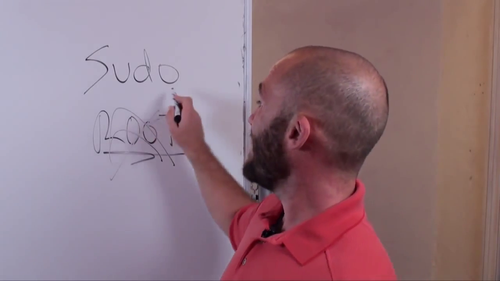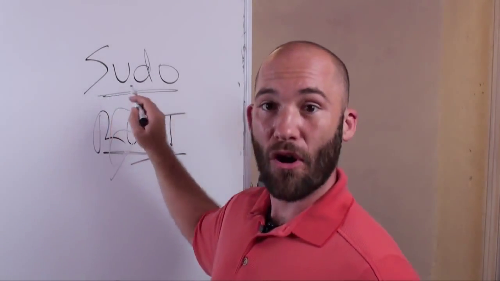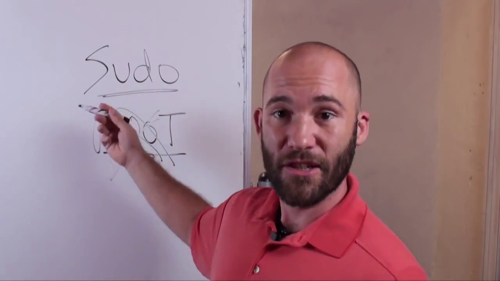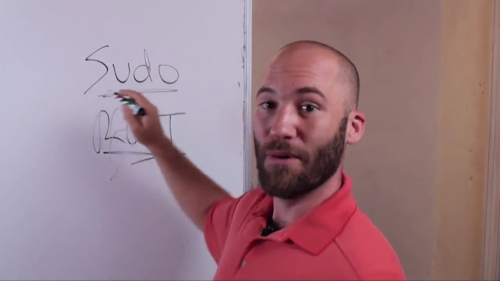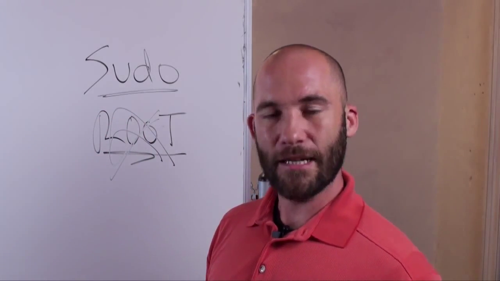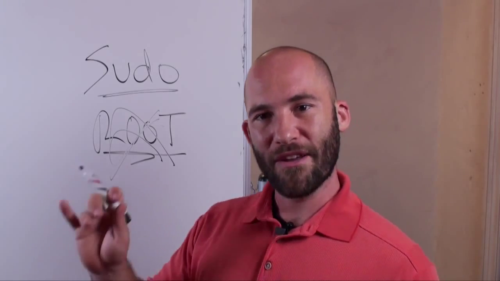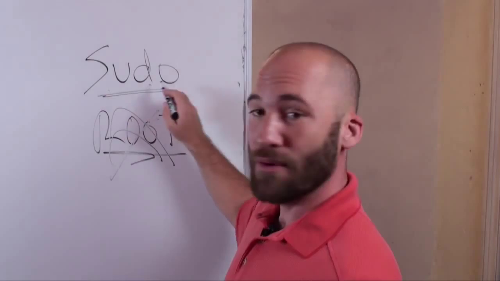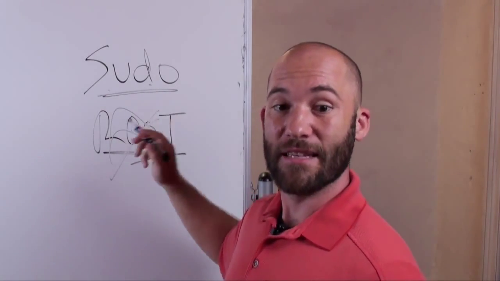Well, what they have is this program called sudo. What this means is super user, which essentially means root, do. It's like in Windows Vista and Windows 7, where you can right click and do run as administrator. Basically, the sudo command is run as administrator.